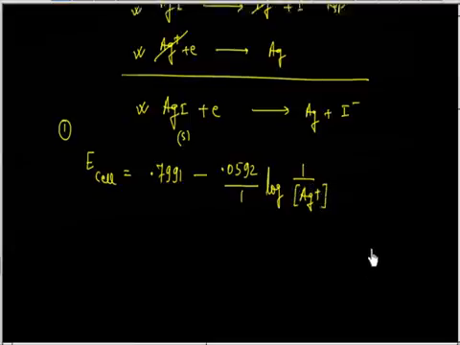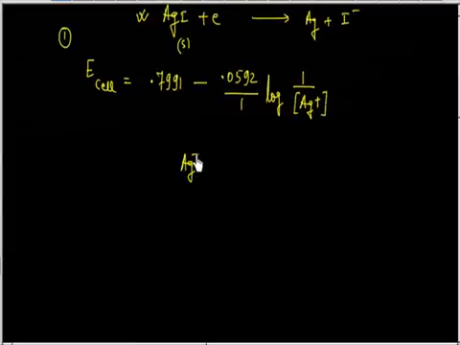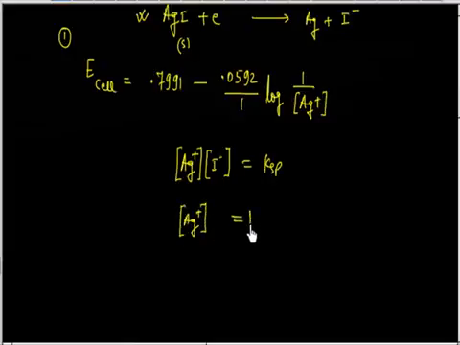We know that the concentration of Ag plus times the concentration of I minus equals Ksp. Our things are standard, so I minus is 1 M, so Ag plus is simply Ksp, because this is a standard cell, as we have to find the standard E degree.